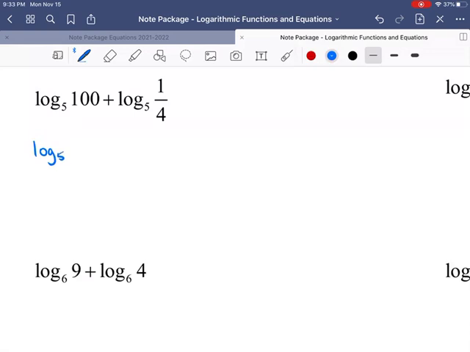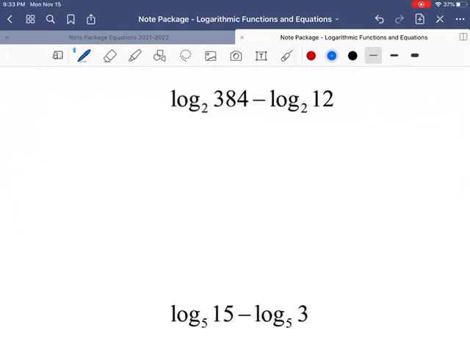The base 5 stays the same, and it's going to be 100 multiplied by 1/4. Well, if we simplify that, we're going to get 25. So what exponent with base 5 gives us 25? And that exponent is 2. So it simplifies to just 2.